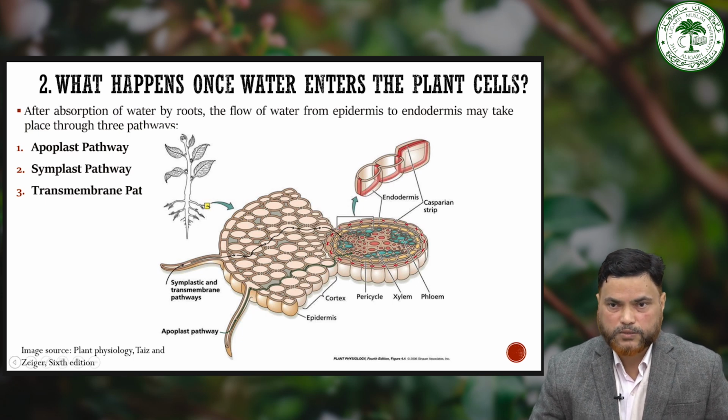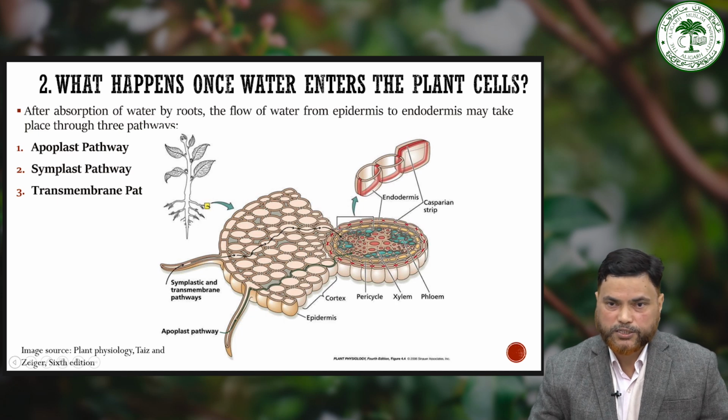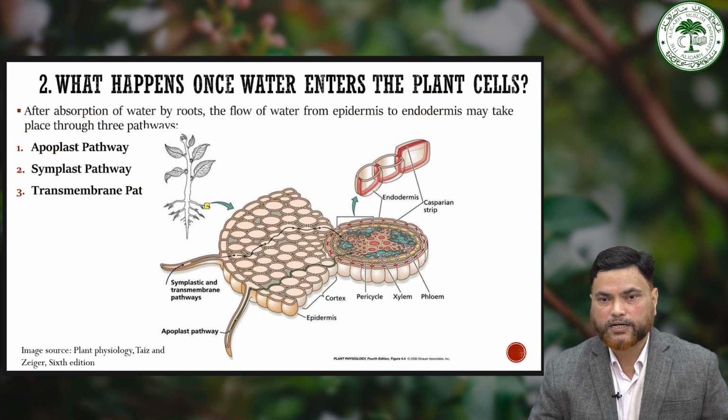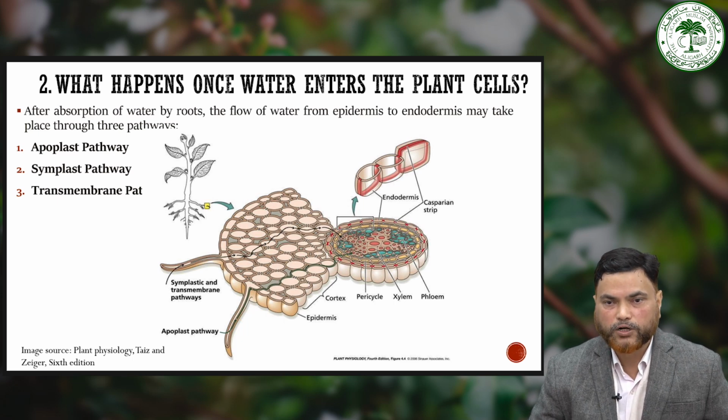In the apoplast pathway, water generally moves through the cell walls, extracellular spaces and lumens of non-living cells such as xylem conduits, and so this pathway bypasses the living protoplast of the root cells and basically provides a low resistance route for water movement and facilitates rapid transport of water towards the endodermis and vascular tissue of the root.